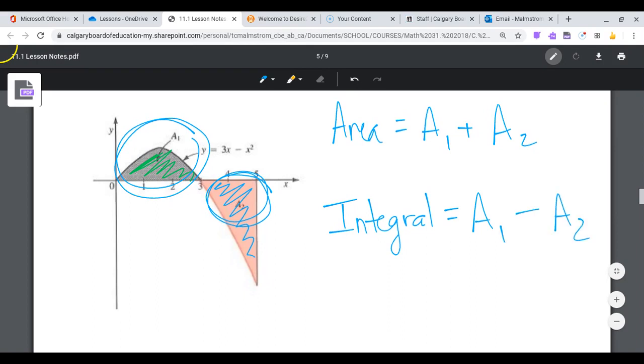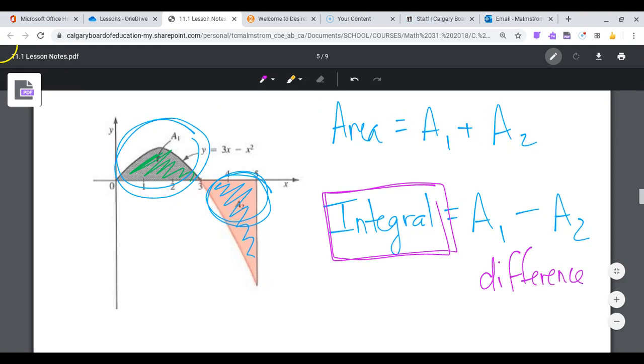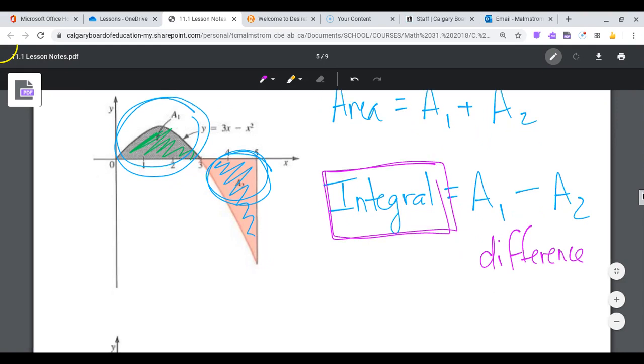A little bit tricky, but that's how we can get negative answers, because in this particular circumstance, the area below the x-axis is actually bigger than the area above, and that's why we're getting a negative answer to the integral. So if we're interpreting it as the integral, it's a difference. We're subtracting. We are still calculating areas and then subtracting to get the integral answer.